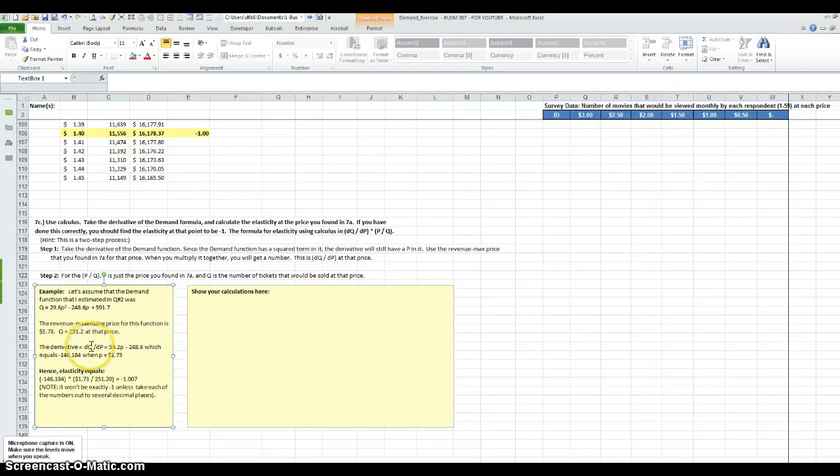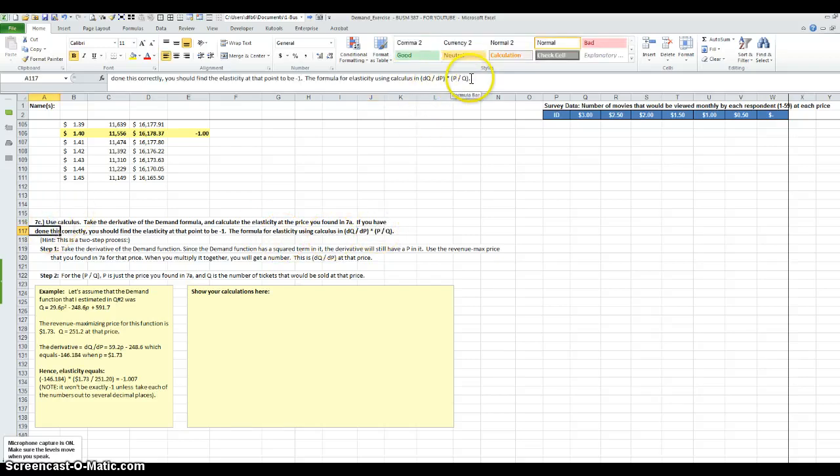Then, remember, it's price over quantity, so it's $1.73 over 251.2, and lo and behold, when I multiply them together, I get -1.